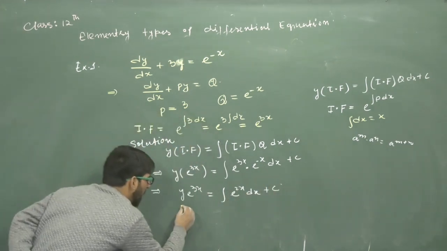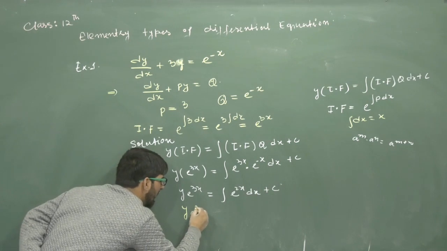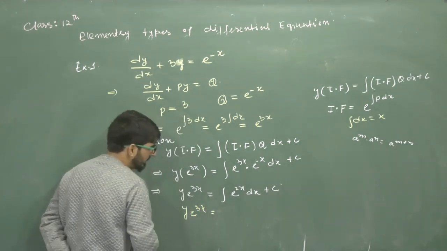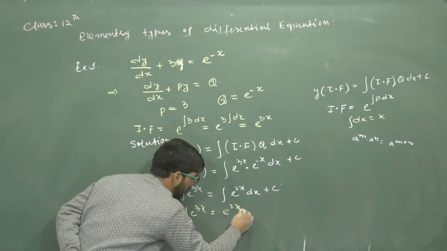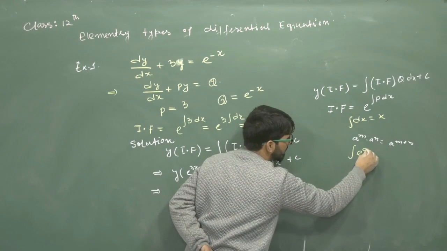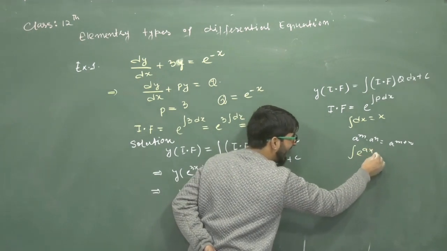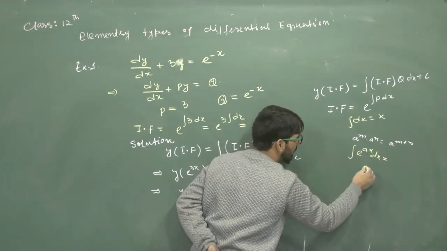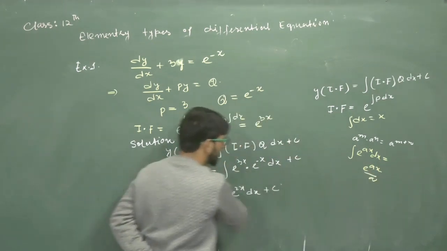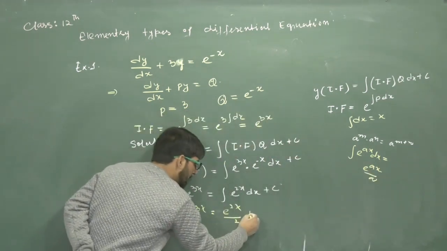So this is equal to y into e raised power 3x is equal to, what is the integration of e raised power 2x? Yes, e raised to power 2x by 2, because we know that integration of e raised to power ax dx is equal to e raised to power ax by a plus c.